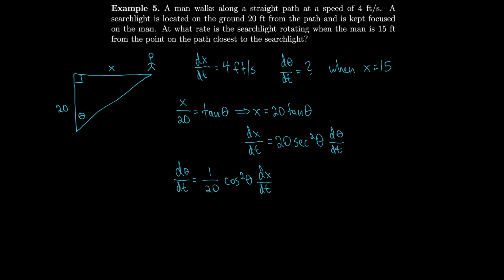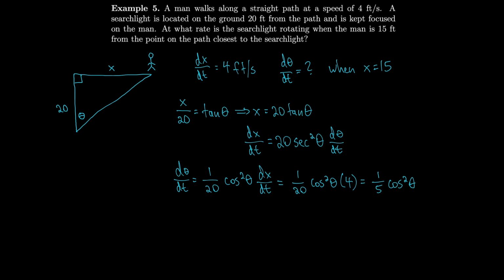Okay, now we want to plug in. We get 1 over 20 times cosine squared theta times 4, because we know dx/dt is 4. So 4 over 20 is just 1 over 5, so that's 1 over 5 times cosine squared theta.